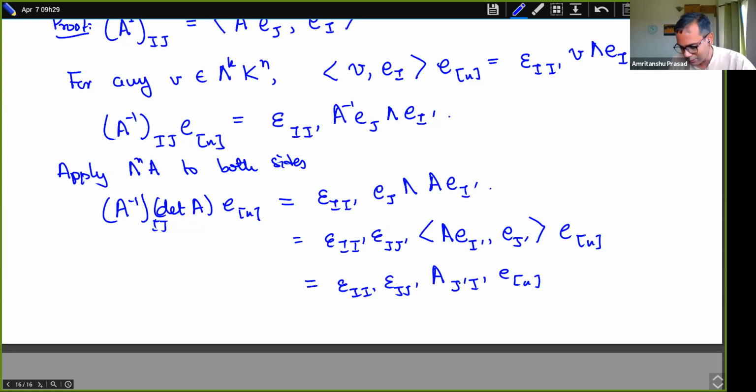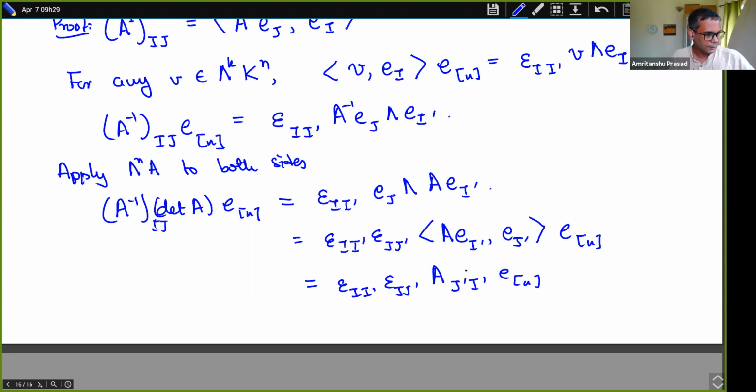You're all familiar with this in at least one special case where I has size n minus 1, and this gives us the famous rule for inverting a matrix using determinants. So maybe I and J are singletons. So the ijth entry of the inverse is given by 1 over the determinant times these minors where you leave out one row and one column with a sign.